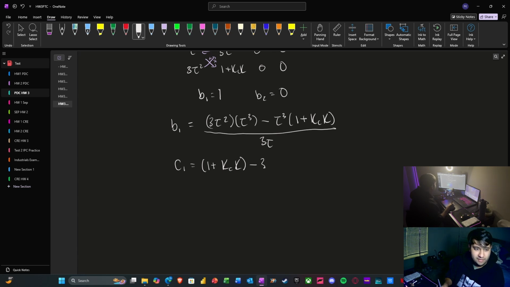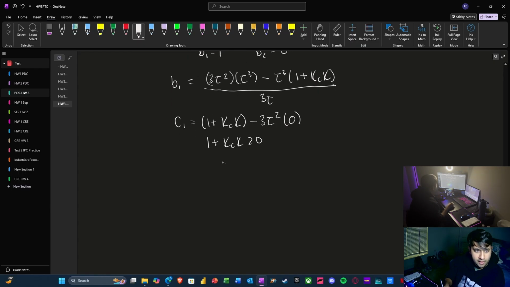And this is going to be minus 3 tau squared, however, it's going to be multiplied by our B2 value, but B2 is 0. So what we are left with is 1 plus KcK, which has to be greater than 0. And that basically means that KcK has to be greater than -1.